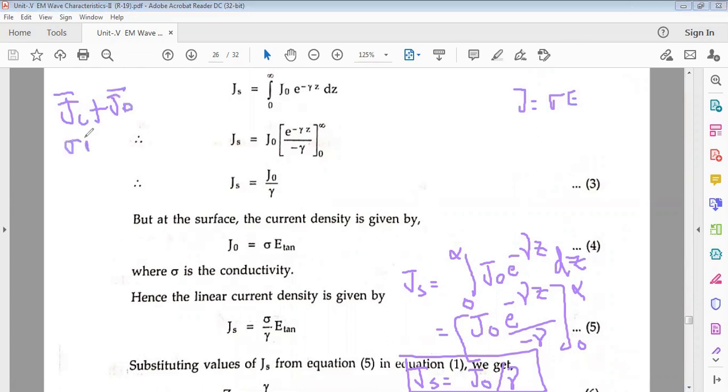JC bar is sigma into E bar, plus JD bar, dou D bar by dou T, which is j omega into epsilon into E bar. This is the modified Ampere's circuital law, del cross H bar is equal.